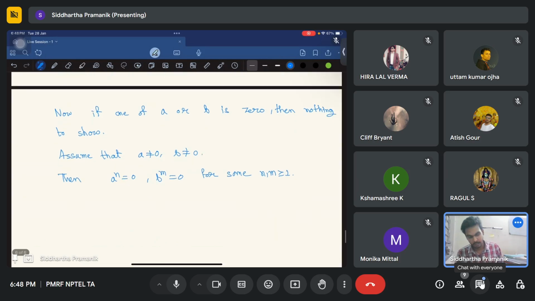Now what is a plus b whole power n plus m? Can you say what this element will be?